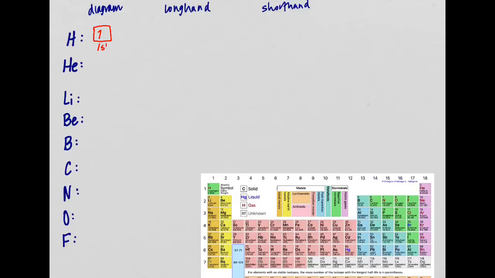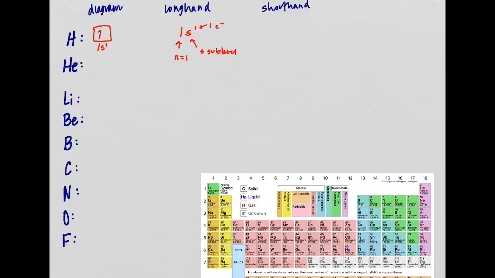The longhand is very simple because if you can do the diagram, you can do the longhand no problem. The longhand is just writing, no drawing; it's literally writing the description here. We don't have to draw where the electrons are, we just write it like this. From this longhand I can say, okay, I'm in the first energy level, in the S sublevel, and I have 1 electron.